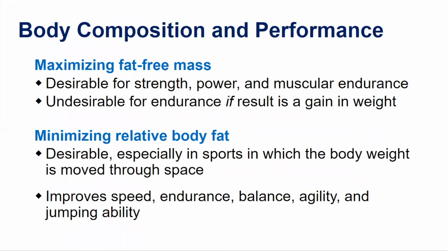So most athletes are focused on maximizing fat-free mass. So this is the skeletal muscle mass, which is going to be desirable for strength, power, and muscular endurance, and to minimize their relative body fat, which many coaches believe improves speed, endurance, balance, agility, and jumping ability.